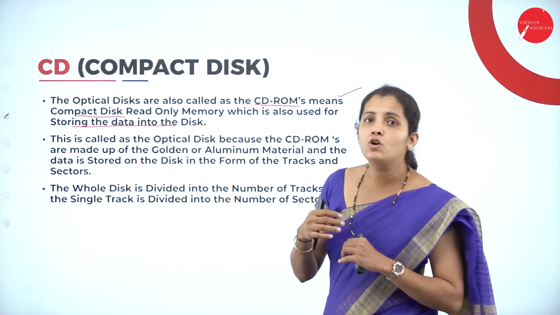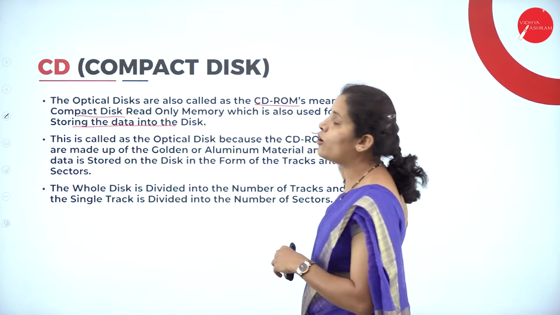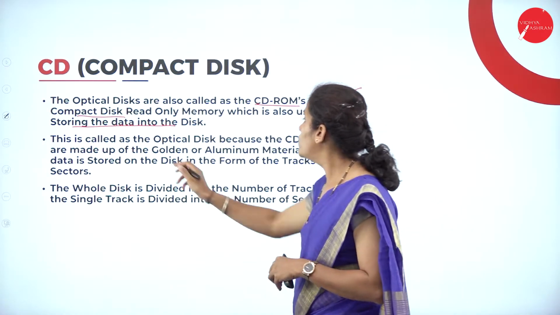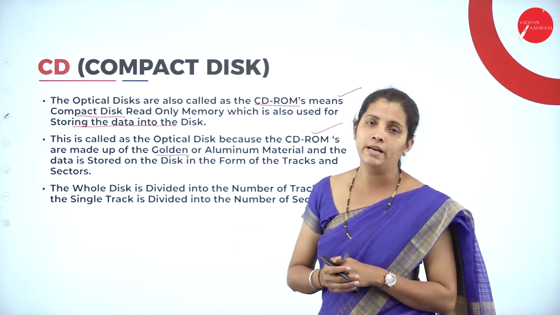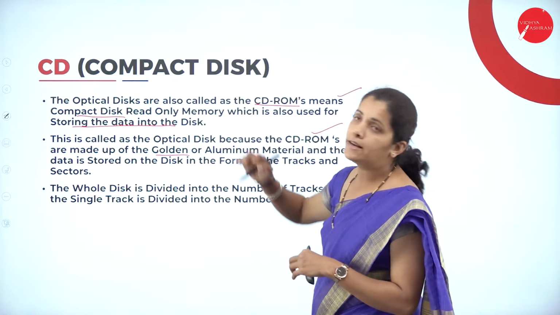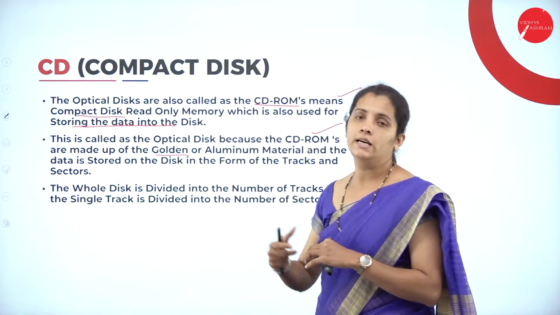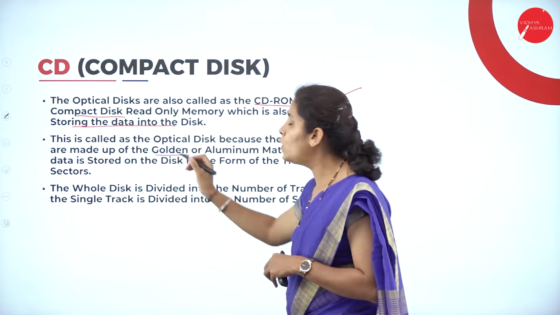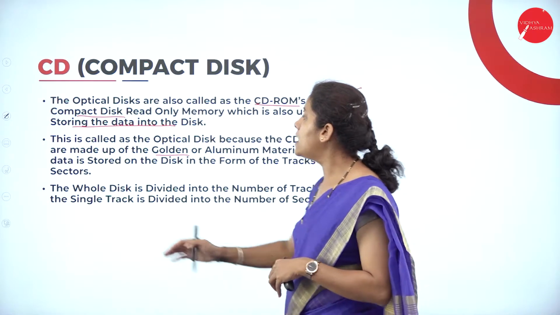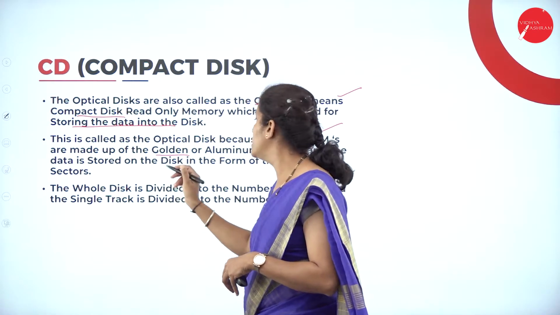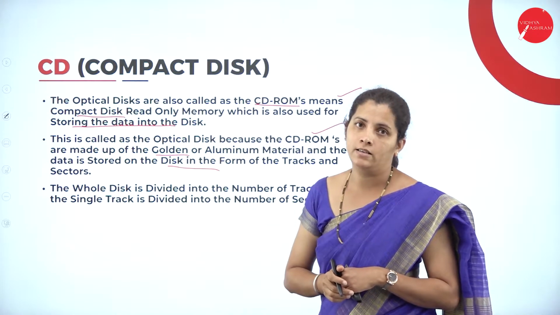This is also called optical disk because CD-ROM is made up of golden or aluminium material, and the data is stored on the disk in the form of tracks and sectors.